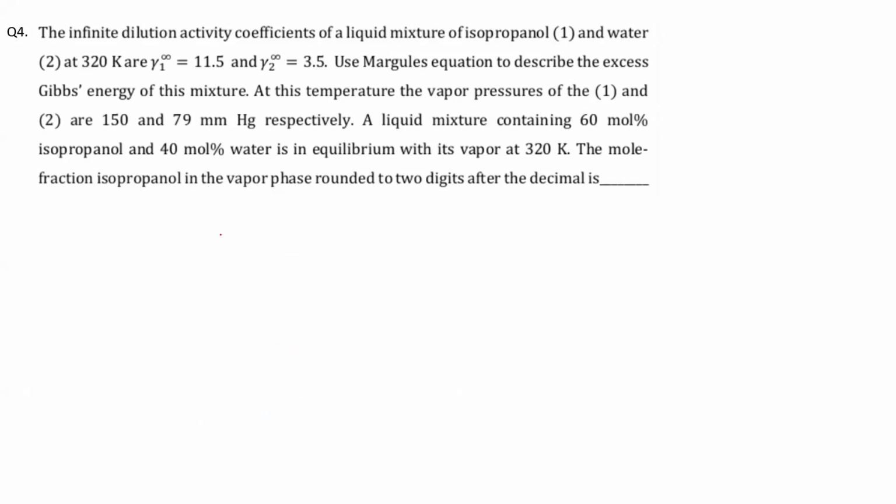Okay, now here in this question, we have x comma T known and what is y, right? Gamma 1 infinity, gamma 2 infinity, all these things are given. So Margules equation. So in Margules equation, we have ln gamma 1 infinity is equal to A12. So that's how we find A12 is equal to 2.442.